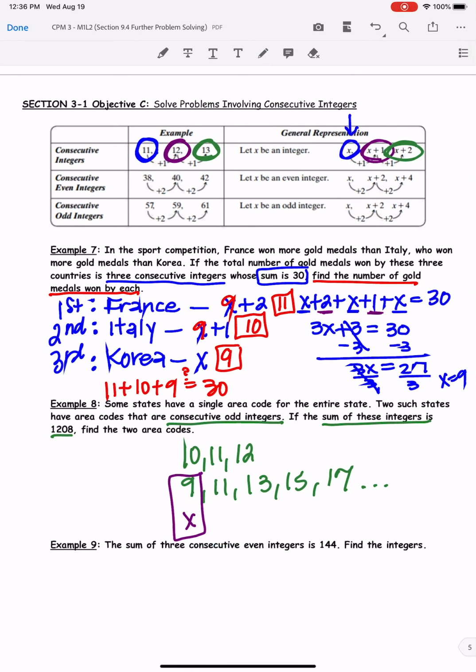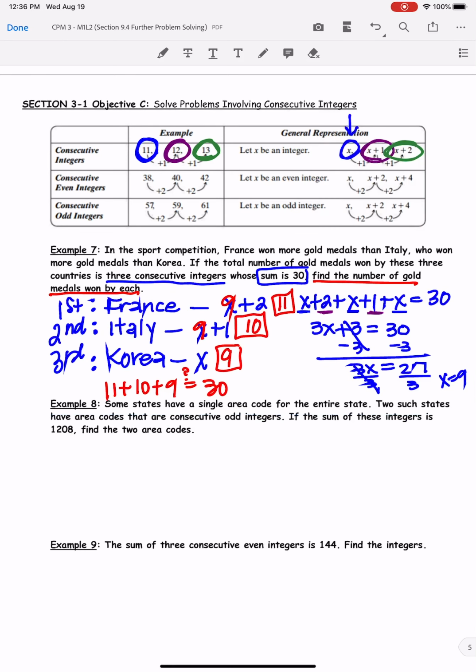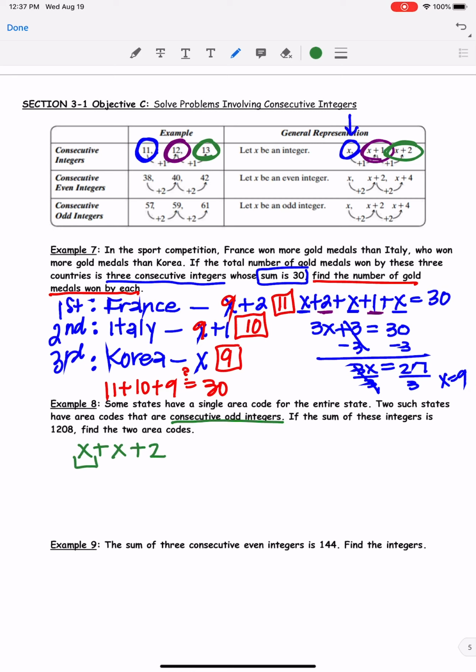All right, let me get rid of all of this. Okay. So again, we have consecutive odd, so that is x plus 2. This is my first one.